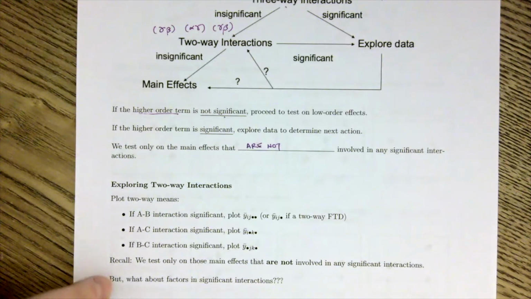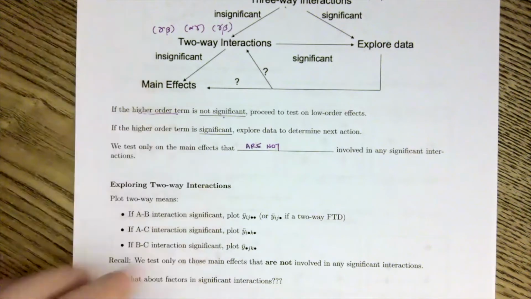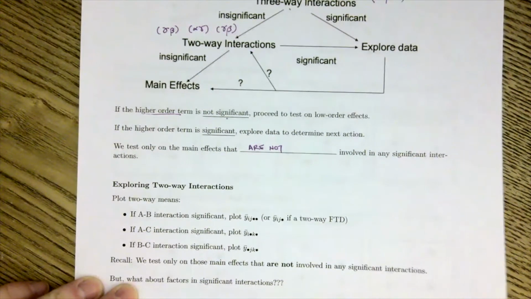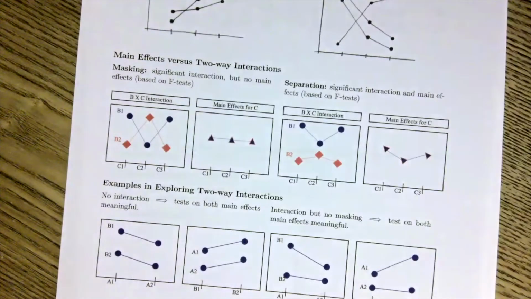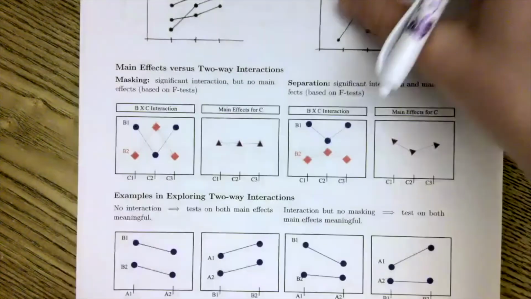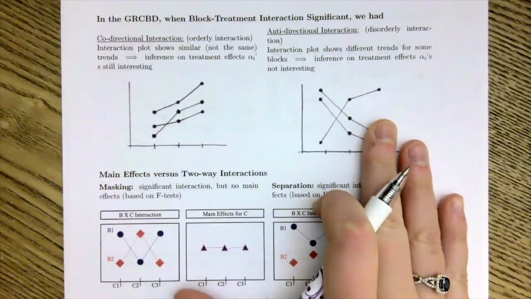So the majority of this lesson is going to be focused on when the factors are significant or the interactions are significant. How do we deal with these situations and how do we do the inference? Back in the GRCBD, we talked about block treatment interactions and when they were significant, and we had codirectional interaction and anti-directional interaction.